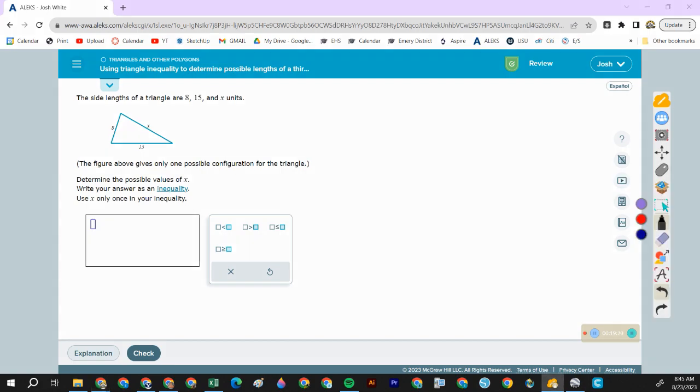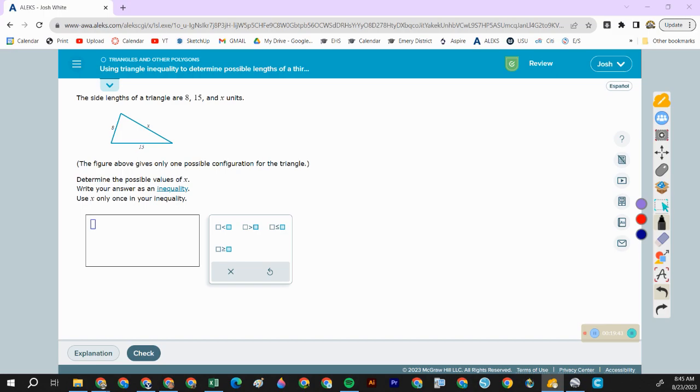I have a triangle. One side length is 8 and the other is 15. How big could X be? What's the smallest it could possibly be?